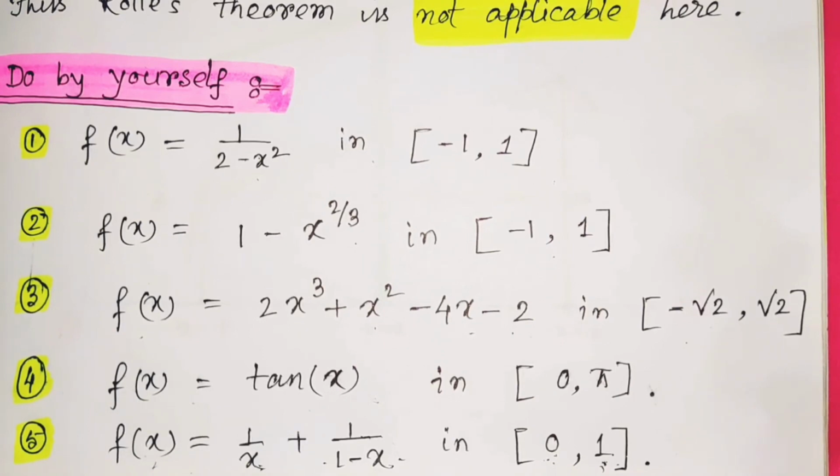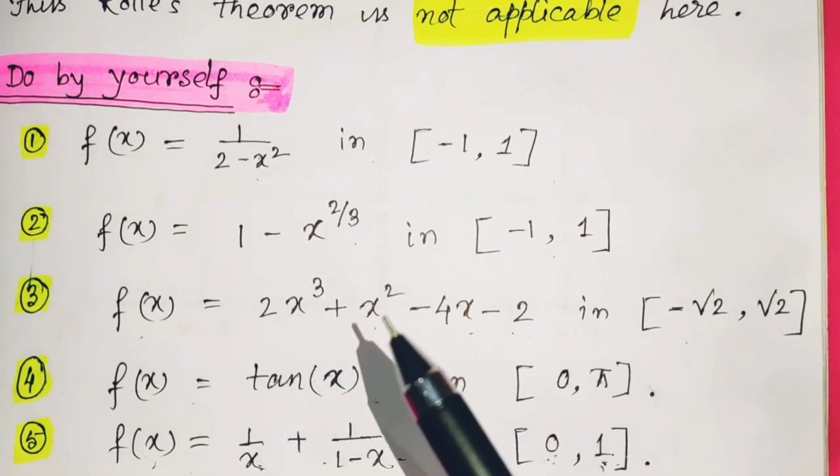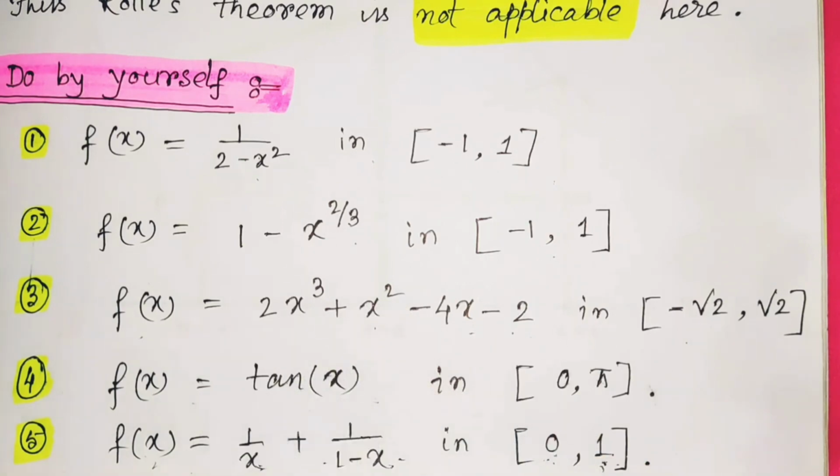Anyways, I hope you enjoyed Rolle's theorem and understood it. Just try to solve all those questions so that you can understand it properly. Not only in the case of speed calculation, but there are so many applications of Rolle's theorem. So try to find all of those so that you can enjoy Rolle's theorem and feel the theorem.